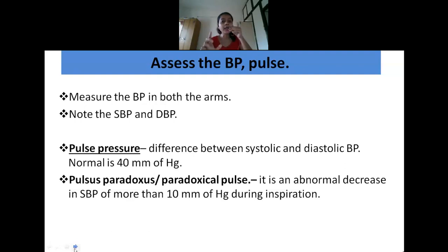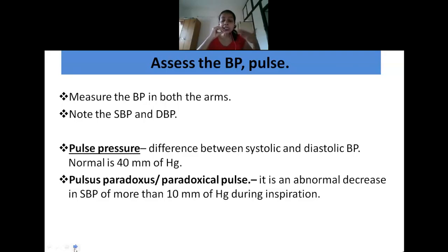But there is one more condition that is called pulsus paradoxus, which is also referred to as paradoxical pulse. Pulsus paradoxus, or paradoxical pulse, is an abnormal condition where there is a decrease in the systolic blood pressure of more than 10 mm during inspiration. You know what inspiration is, isn't it? Inspiration means taking in, breathing in.